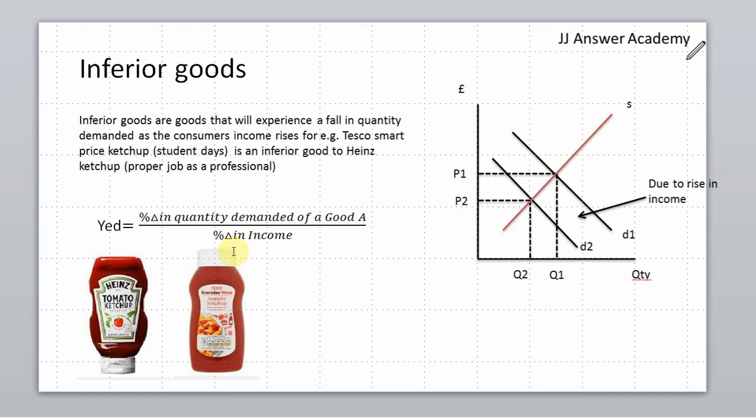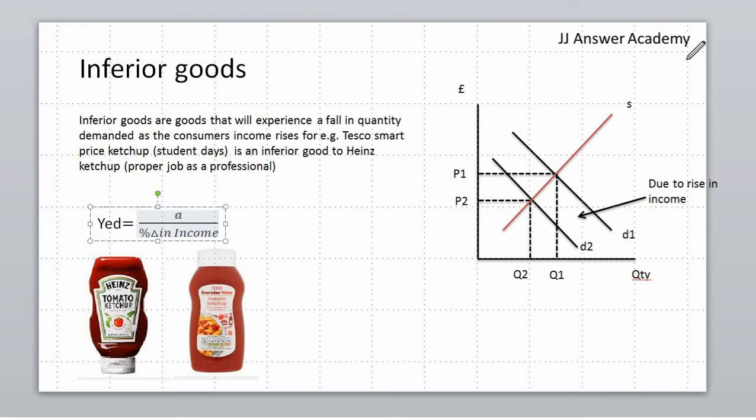The most important thing to remember is the YED for inferior goods. As the income has increased, the quantity demanded has fallen. And I'm going to use a number. Let's say it has fallen by 10%.